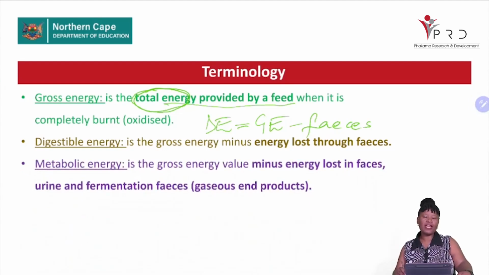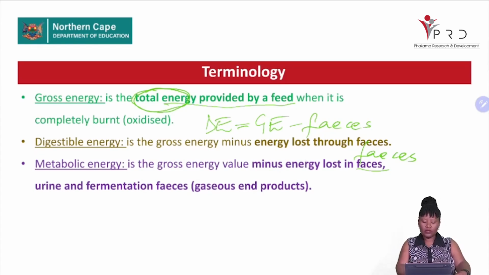And when you define metabolic energy, it is the gross energy minus energy lost in feces, urine, and fermentation, which are gaseous end products.